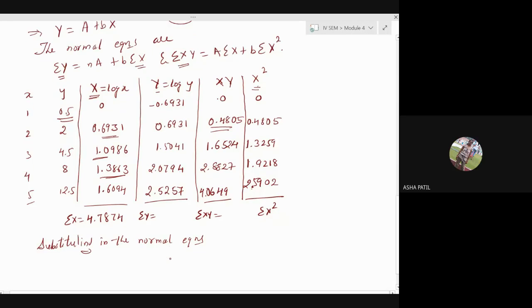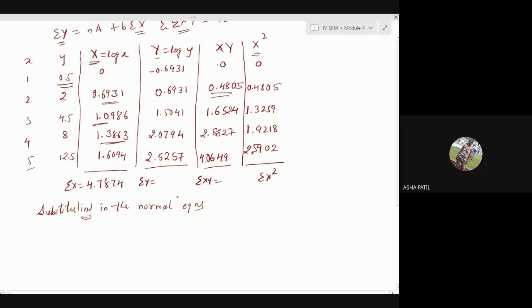Summation of y. 6.1092. Others, just to verify the answer, if you got any other answer, just tell me.